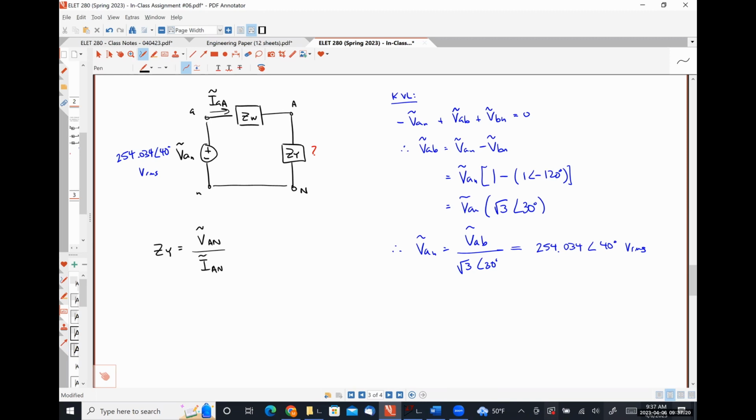Now, we can see that IAN is the exact same thing as IAA, our line current, because our transmission line is connected in series to our load impedance.